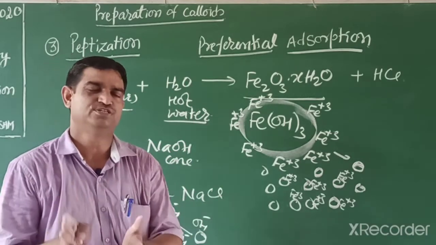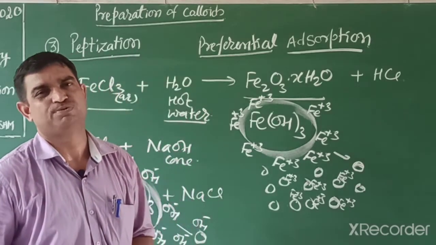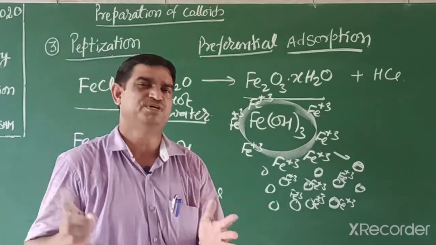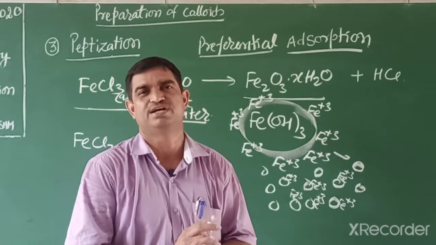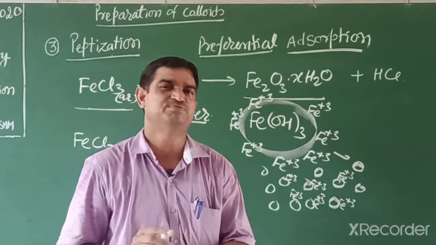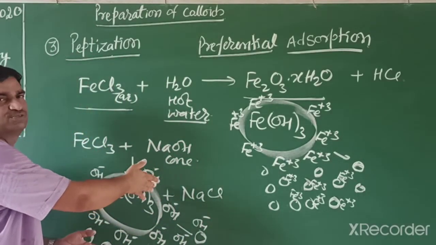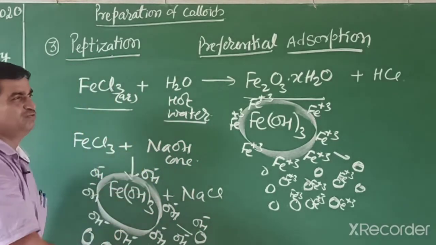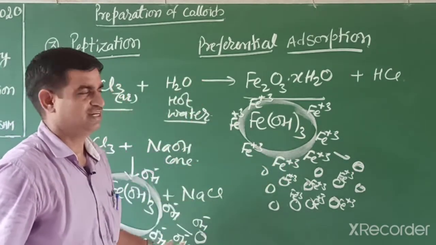There is dispersion as well as condensation, both processes occur. And the third one is peptization: a freshly prepared precipitate is converted into colloidal sol by adding a small amount of electrolyte. That electrolyte is known as the peptizing agent. Like hot water and sodium hydroxide, it is a peptizing agent, a small amount of electrolyte. This gets either positive or negative charge.